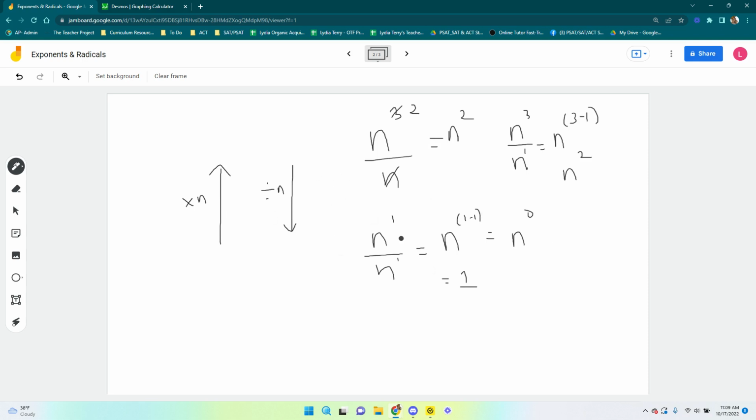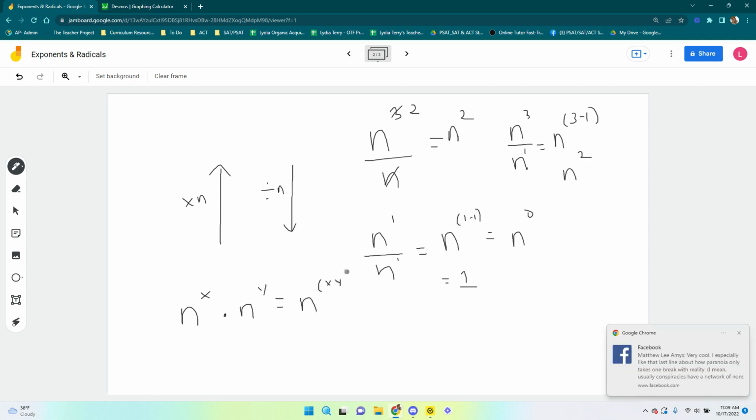To summarize this, for your notes, you can think about it like this. N to the x times n to the y is equal to n to the x plus y.